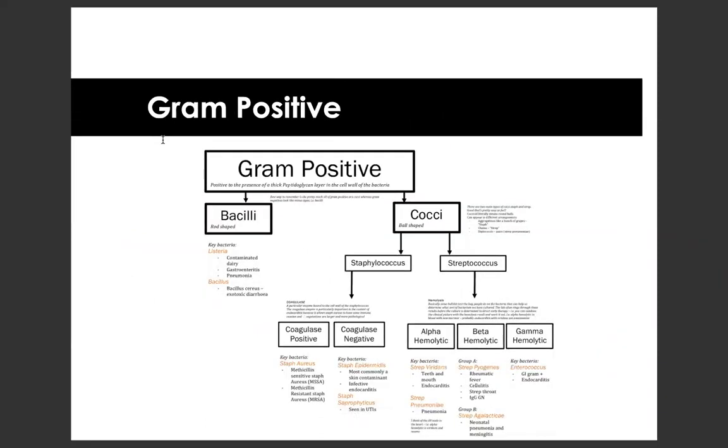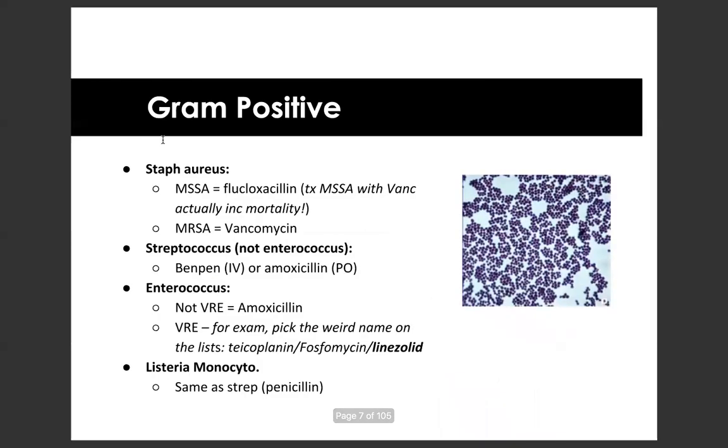So this is from Ben Amberg's notes. I think it's a really good summary of what types of gram-positive bacteria there are, and he's got really good notes on this topic as well. So I recommend looking at it if you want a bit more background. In terms of gram-positive bugs, Staph aureus we know is a cocci, and it's purple because it's gram-positive.